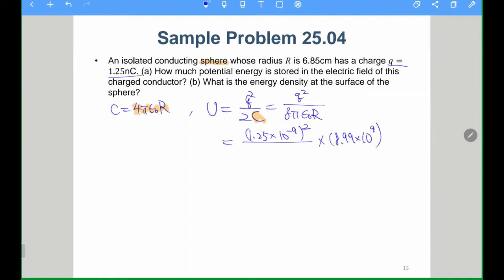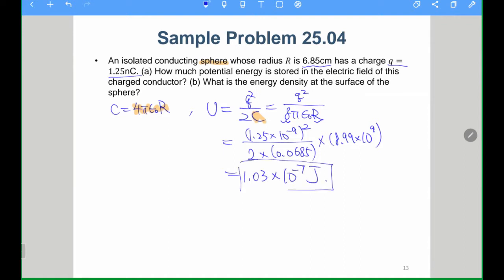And then remaining, we have 2R here. So 2 times R, which is 6.85, is 0.0685. Okay, so this number is 1.03 times 10 to the negative 7 joule.